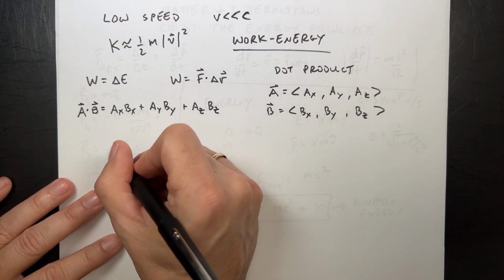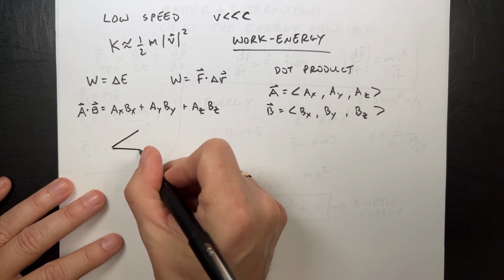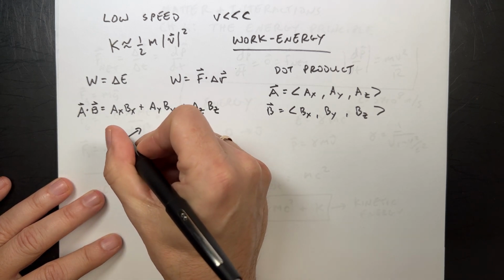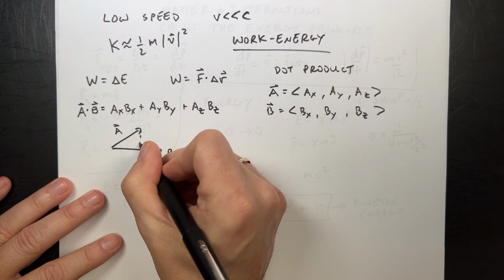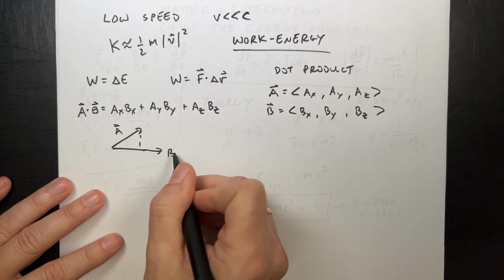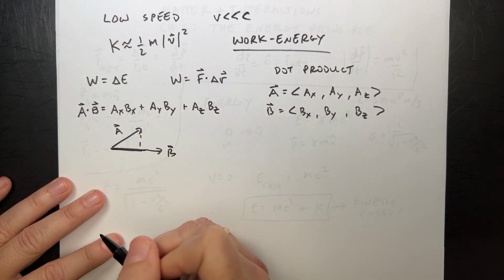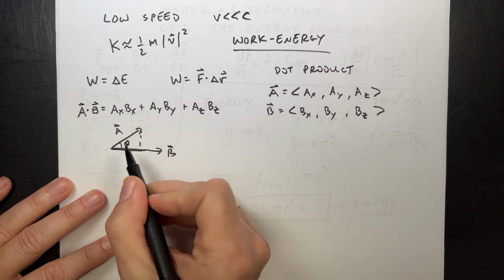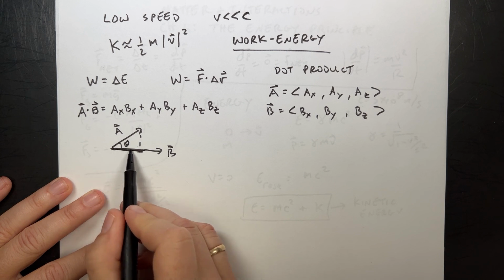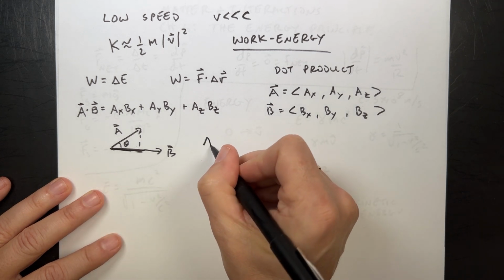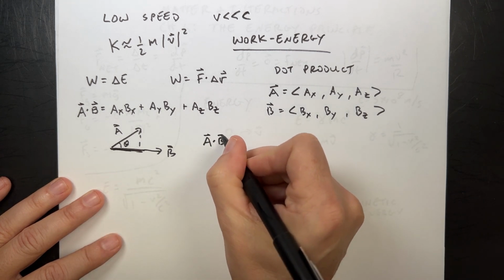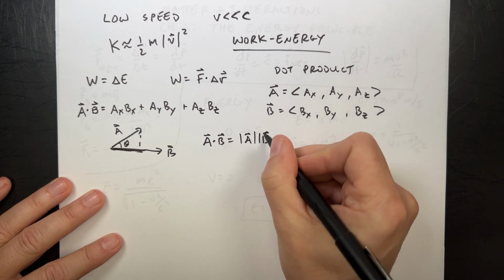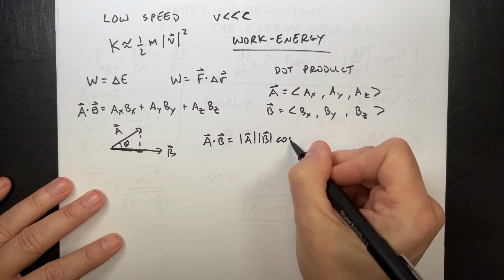We can think of this as the projection of one vector onto another. So here's A, here's B, and how much of A is pointing in the direction of B, and multiply them together. So this is my projection. And you can see that if I know the angle between those two vectors, I could find that side right there. So you can actually write A dot B as the magnitude of A times the magnitude of B times the cosine of the angle between them.